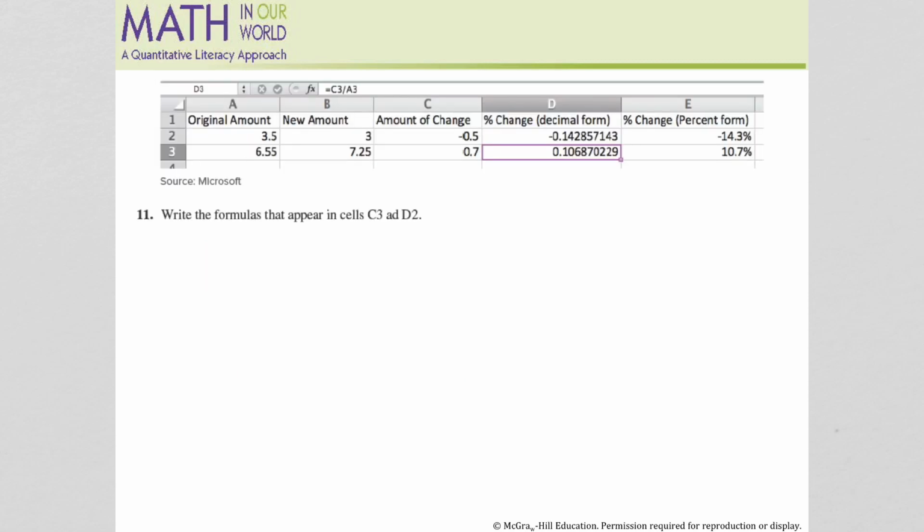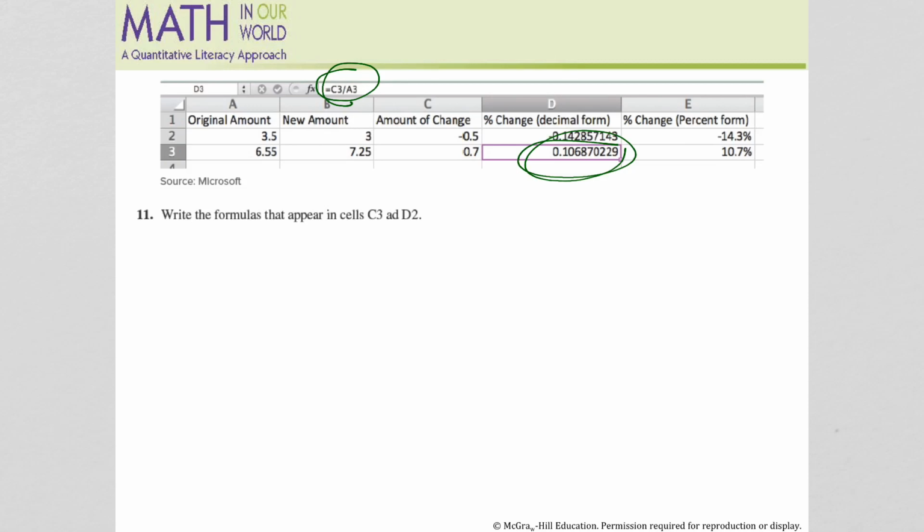Sometimes in this class you're going to be asked to use Excel or a similar spreadsheet. When we use Excel, it does things like formulas for us. If we put them in, it creates a formula for us. So you can see that this particular cell shows up here which formula it's using.